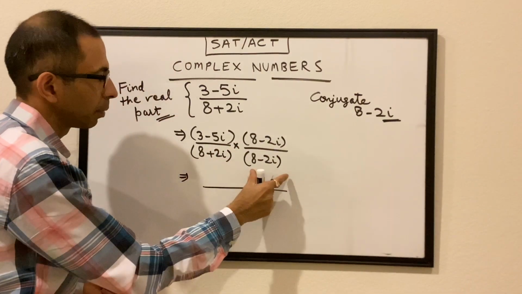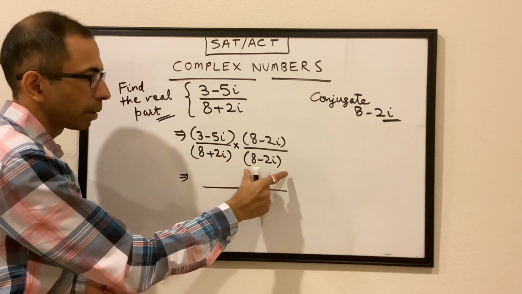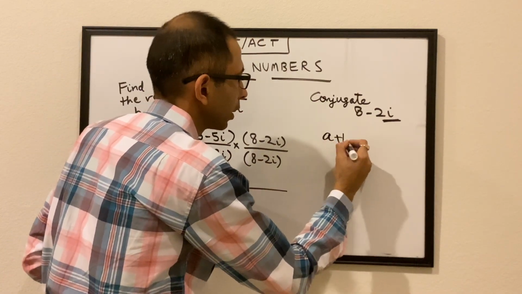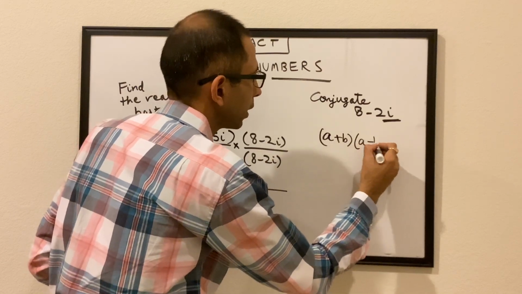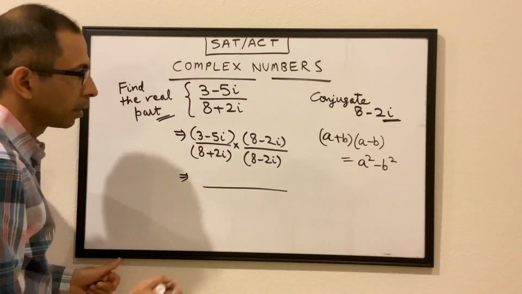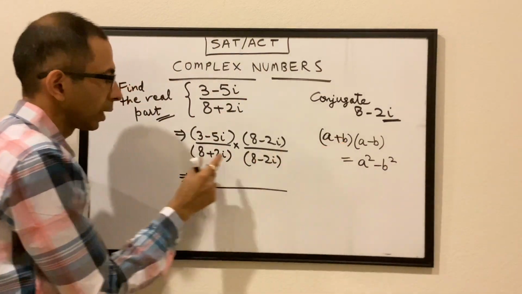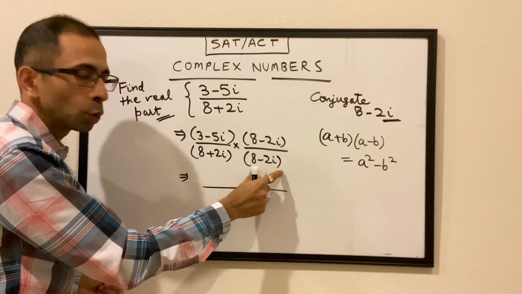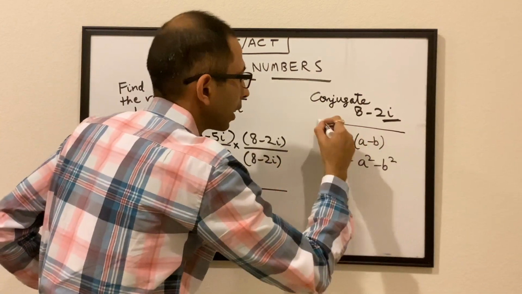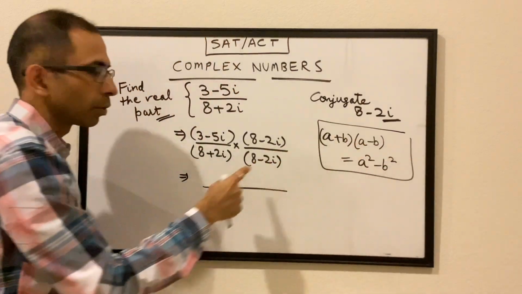And if we see the denominator, it is 8 plus 2i times 8 minus 2i. Now if we remember the difference of squares, a plus b times a minus b is equal to a square minus b square, right? The denominator falls into this category. So 8 becomes our a and 2i becomes our b, and we can utilize the difference of squares here.